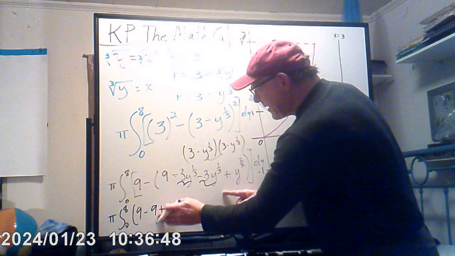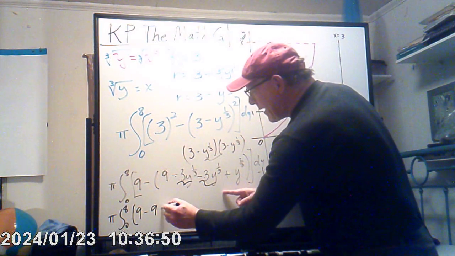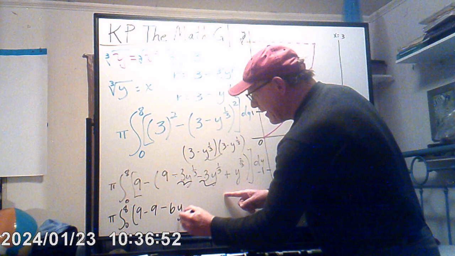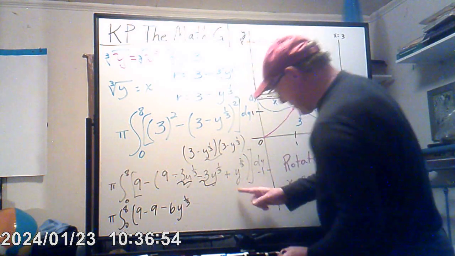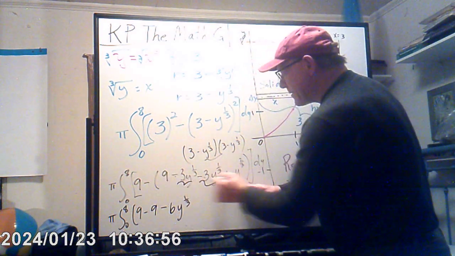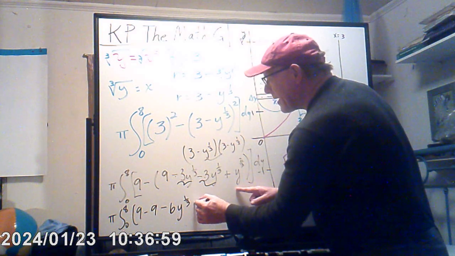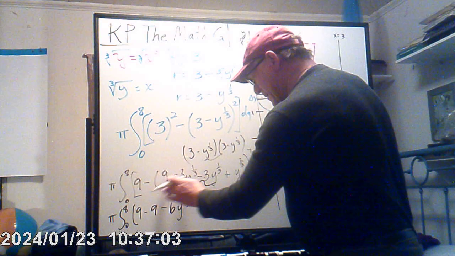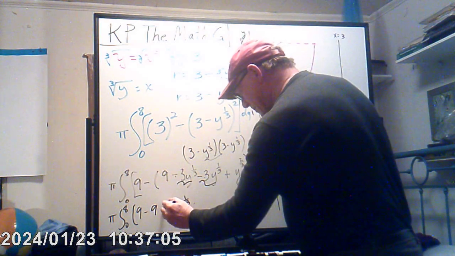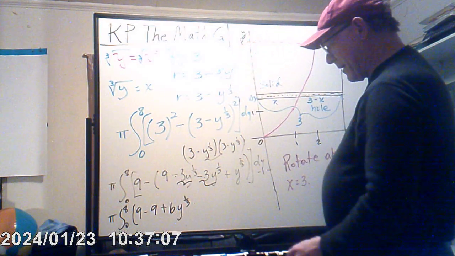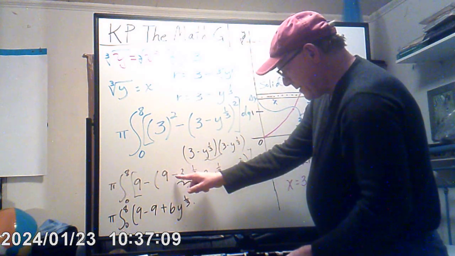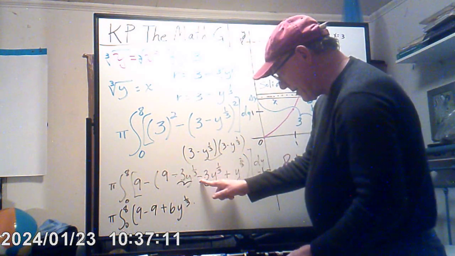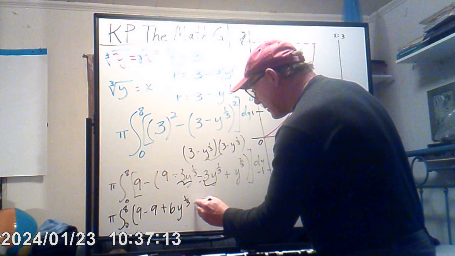-3 is -6. So -6 y to the 1/3 plus, oh, minus, wait a minute now. This was minus here, but when I distribute the minus, this will be plus here. Okay, minus 9 plus, alright, yep, and then this will be minus here.